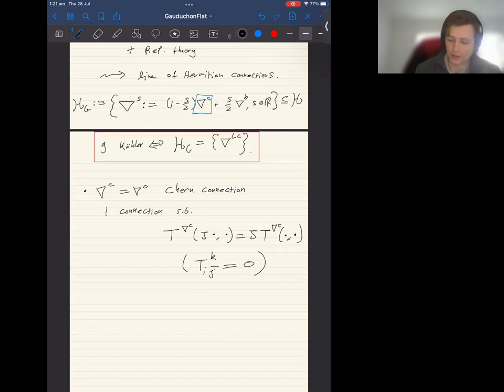So all the information of the torsion is carried in components that look like that, and their conjugates. This is the most common connection that people have used historically.